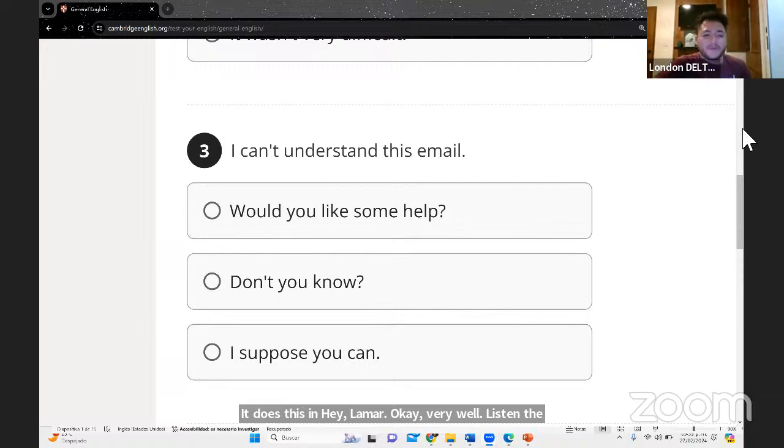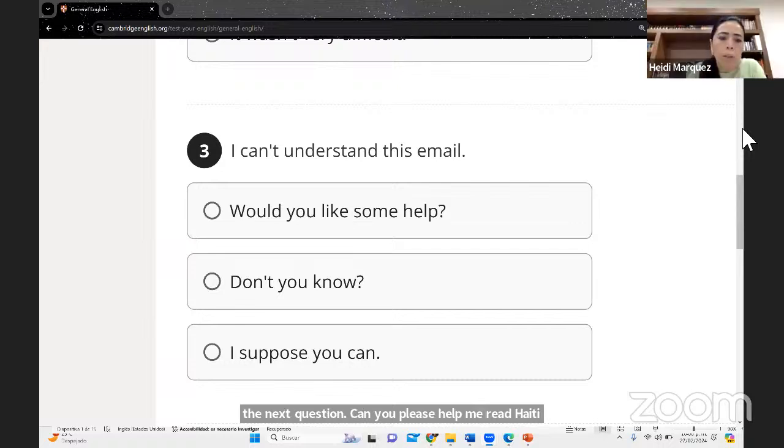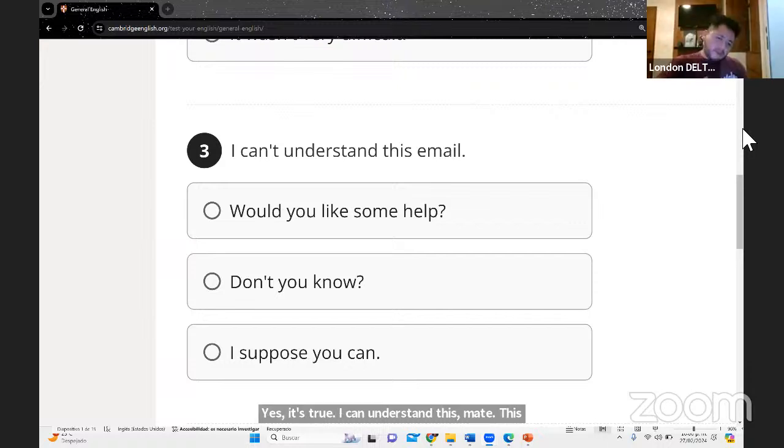Can you please help me read Heidi, number 3? Yes, teacher. I can't understand this email. Okay, the answers are, would you like some help? Don't you know? I suppose you can. 10 segundos para que todos pongan su respuesta, please.